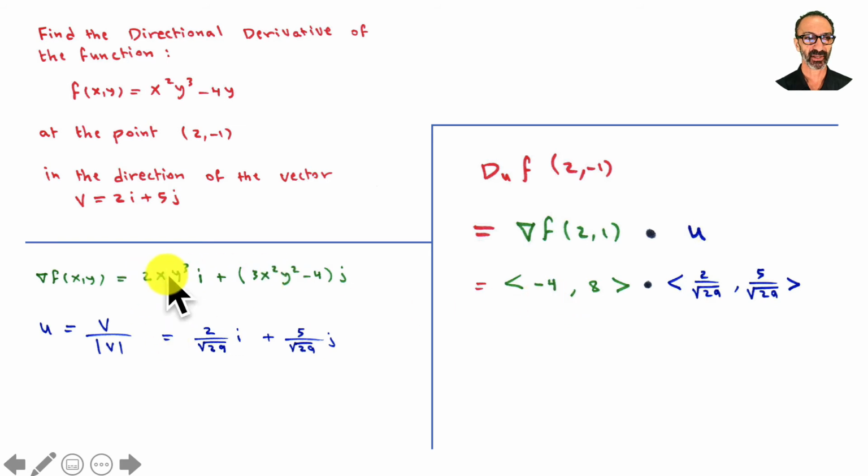Plugging in 2 for x and -1 for y, and in the u part, I have a unit vector right there. We know how to do the dot product. We multiply components and we add, and that should do it.